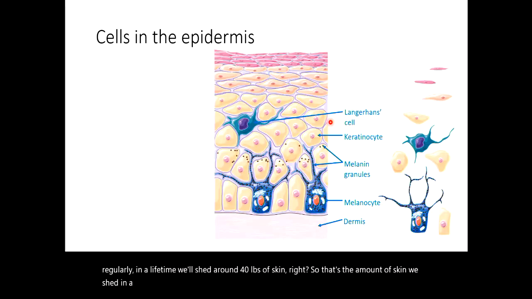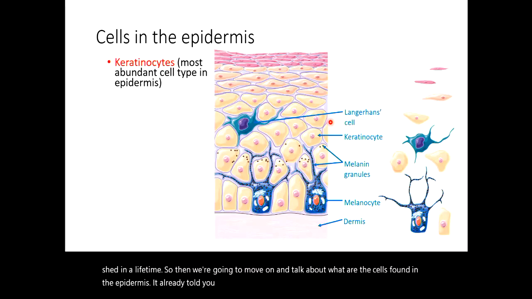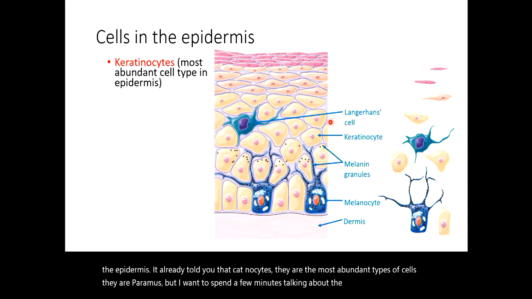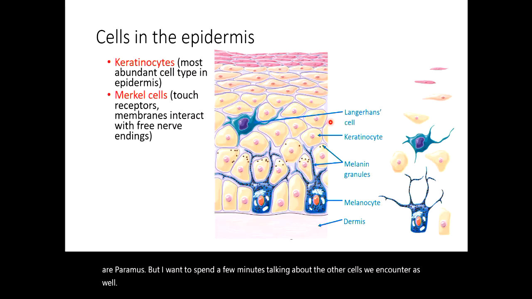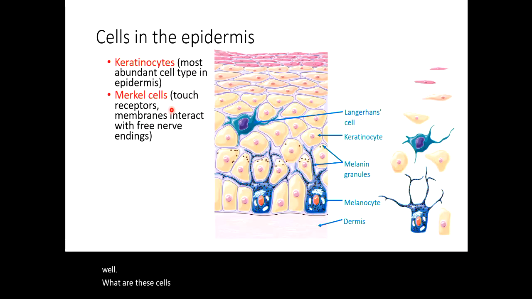So now we're going to move on and talk about what are the cells found in the epidermis. I already told you that keratinocytes, they are the most abundant types of cells in the epidermis, but I want to spend a few minutes talking about the other cells we encounter as well. You also have these cells known as Merkel cells.